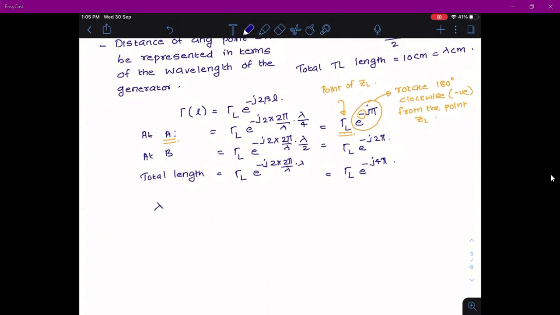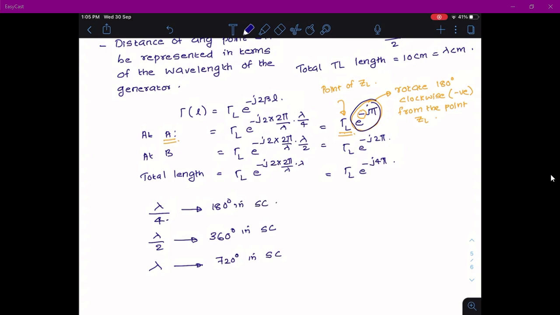When you have lambda by 4, you are traversing 180 degrees. When you have lambda by 2, you are traversing 360 degrees. When you have a distance of lambda, you are traversing 720 degrees in the Smith chart.